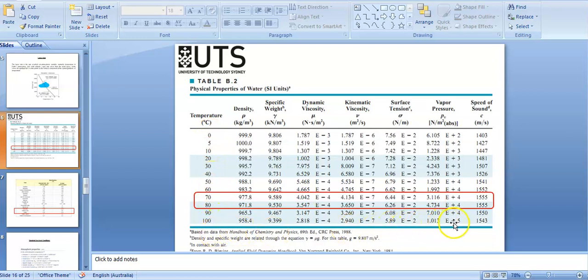At 100 degree temperature it is like this, but what we got at 8,000 meter altitude, the atmospheric pressure is 3.5 something, and it is here. You see this is 3.11 and this is 4.734. So that means the atmospheric pressure at 8,000 meter altitude sits in between these two values. That means the corresponding temperature will be in between 70 and 80. That means we need to use these two values, and then we need to do some interpolation to get the temperature.